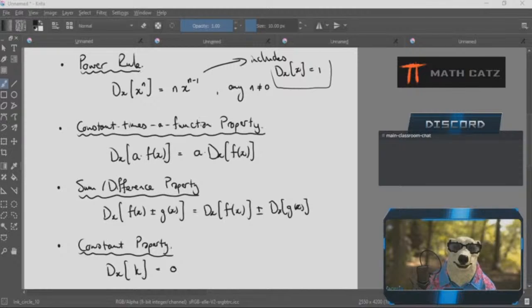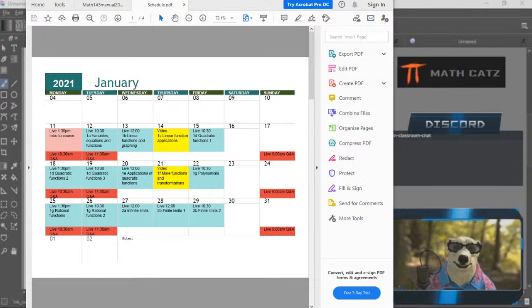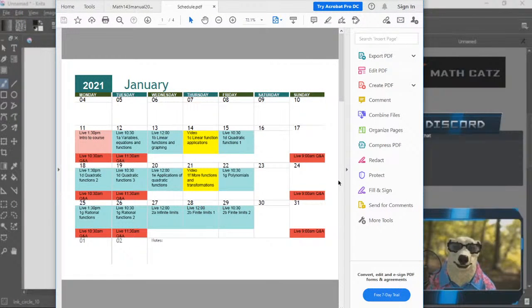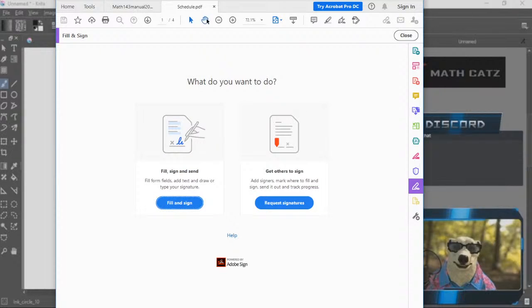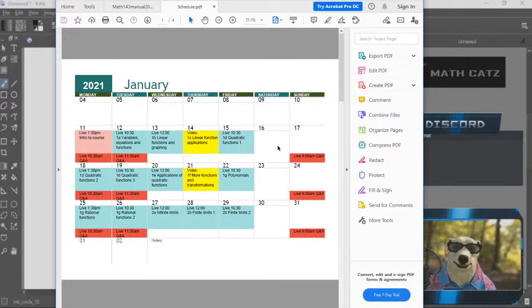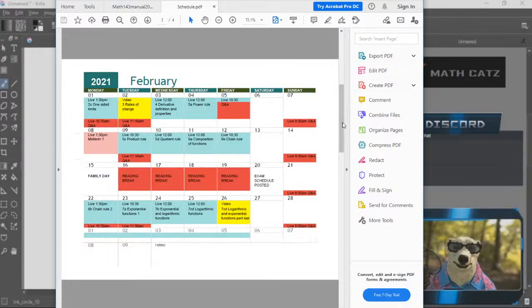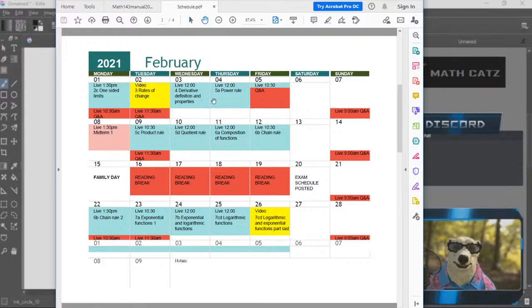Just want to open this, show the schedule. There is a little adjustment that I will update shortly. The adjustment is that tomorrow is not a yellow block on the current schedule, but it should be.